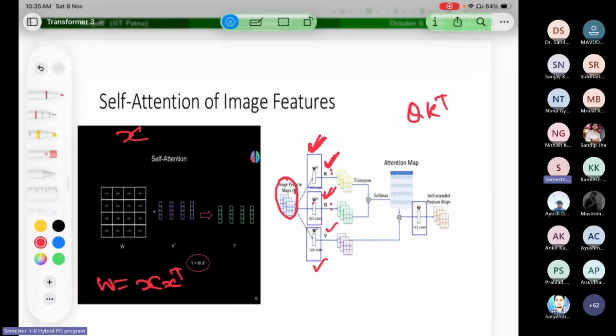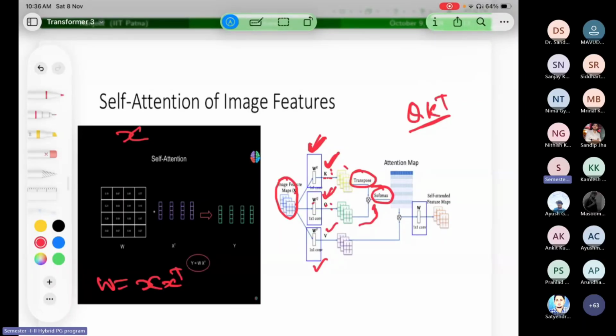You can see K is getting transposed, Q is going as it is, and then I'm applying the softmax. Why softmax? Because it will give you probability values between 0 and 1, and we know that your attention is also between 0 and 1.